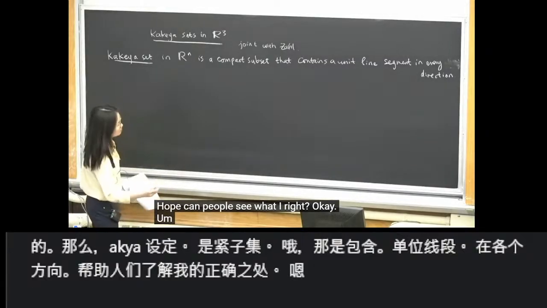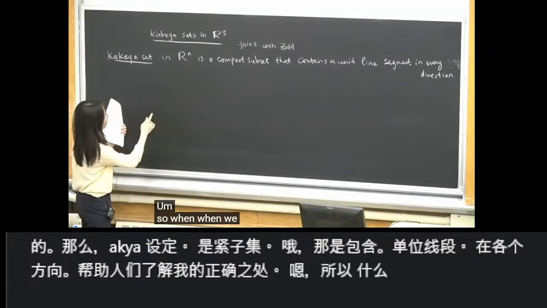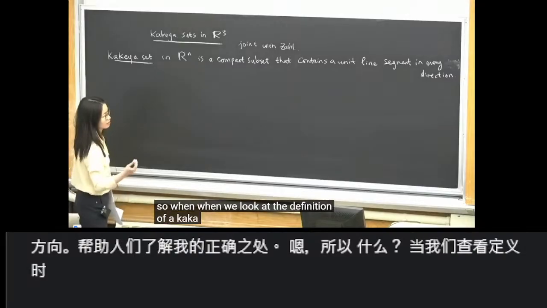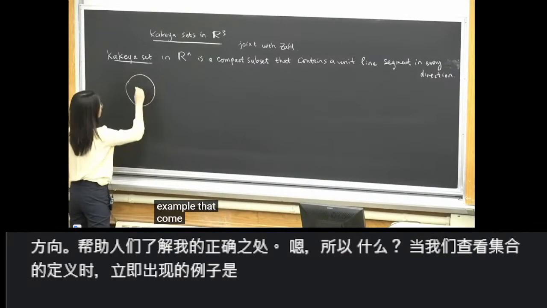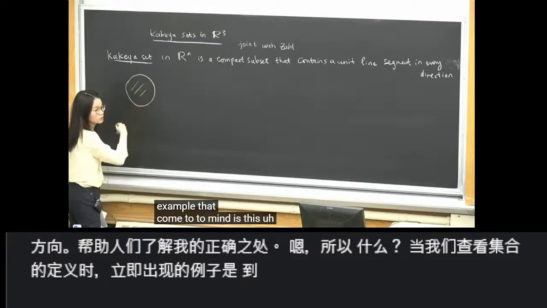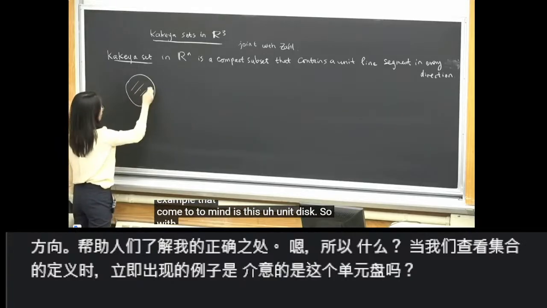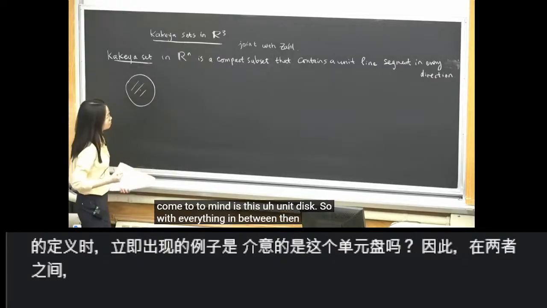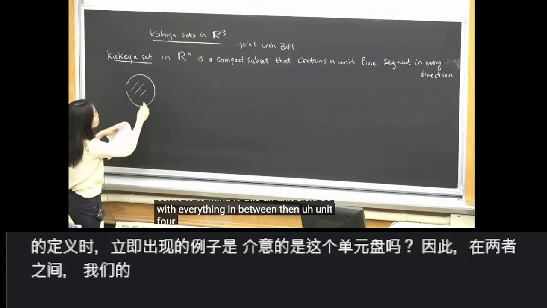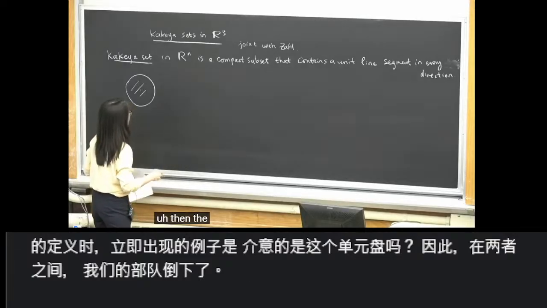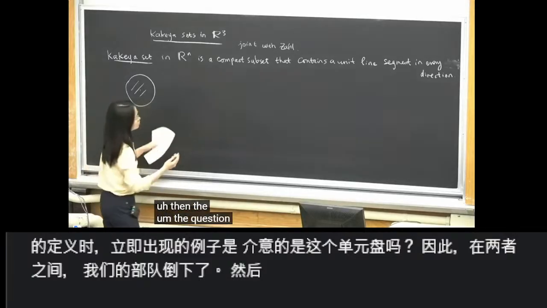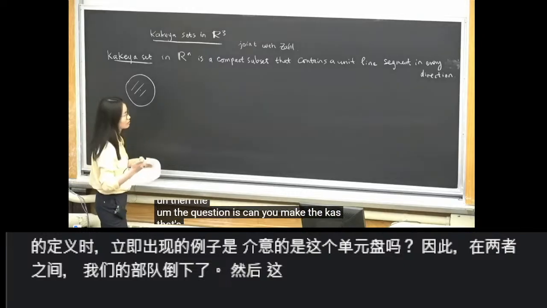Okay. So when we look at the definition of a Kakeya set, an immediate example that comes to mind is this unit disk, then the unit ball. Then the question is, can you make the Kakeya set slightly smaller?